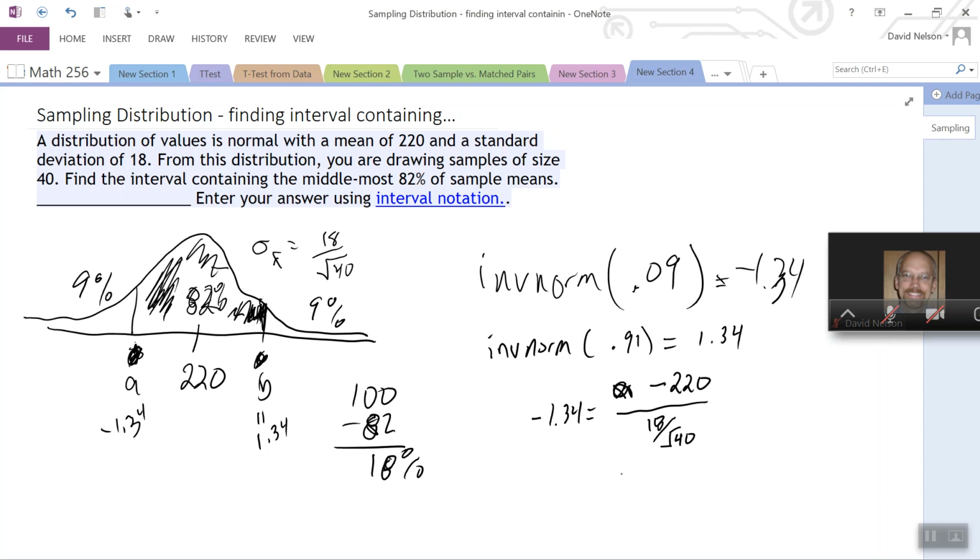To solve for A, I multiply both sides by that 18 over the square root of 40. Negative 1.34 times 18 over the square root of 40 is equal to A minus 220. Then add 220 to both sides to find A.